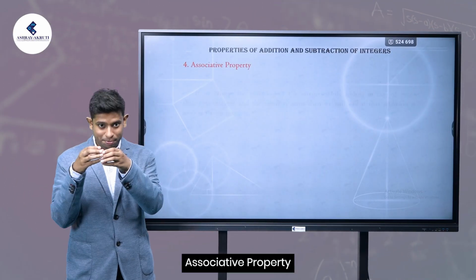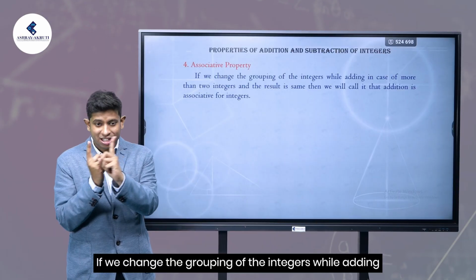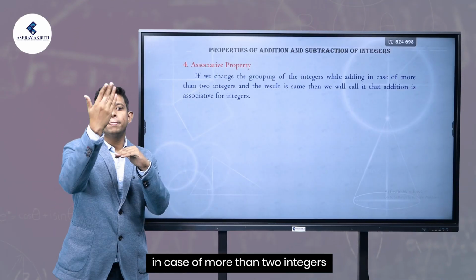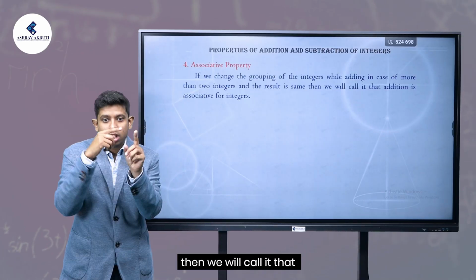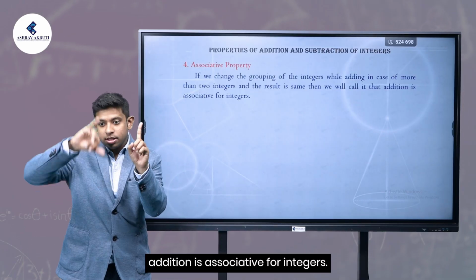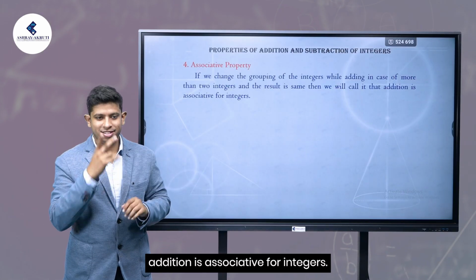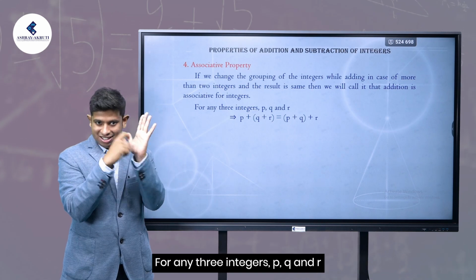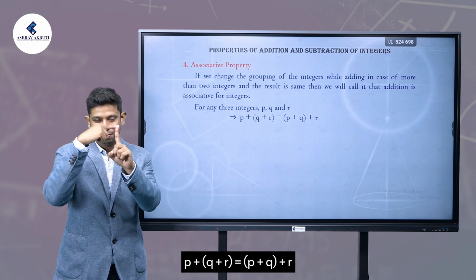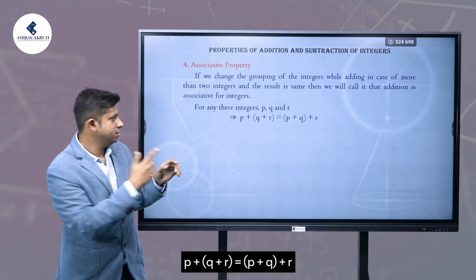Associative property. If we change the grouping of the integers while adding more than two integers and the result is the same, then we say that addition is associative for integers. For any three integers p, q and r, p plus (q plus r) is equal to (p plus q) plus r.